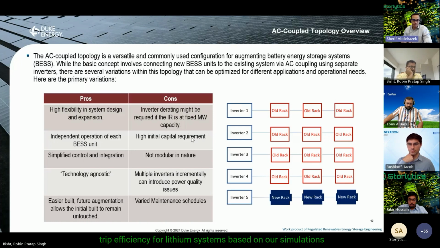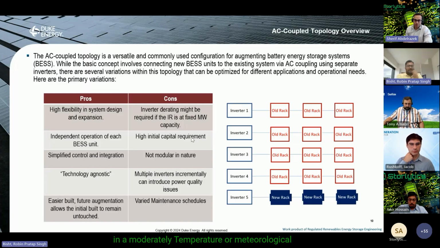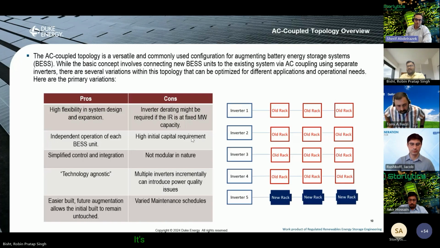Based on our simulations and analytics, that is only true for single cycle a day applications in a moderately temperate or meteorological location. So think North Carolina. Definitely, if you're deploying a battery elsewhere with much higher temperatures, you may get less than that.